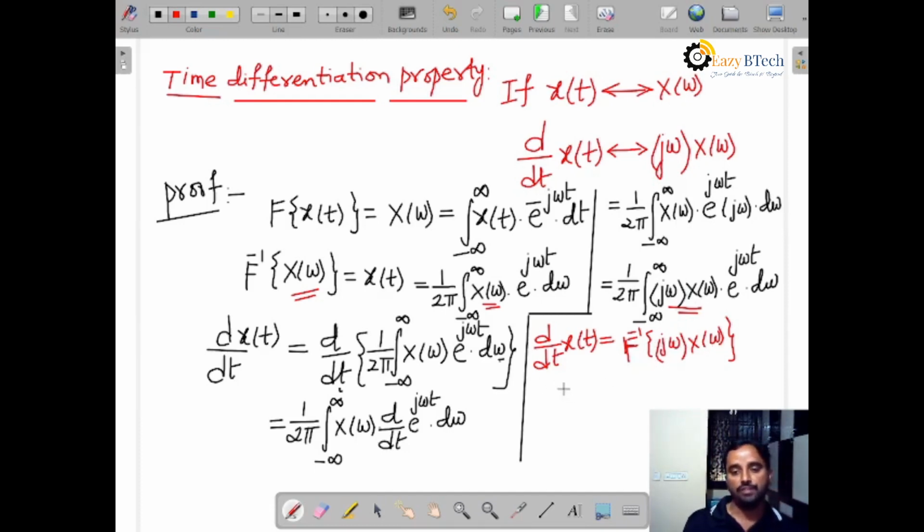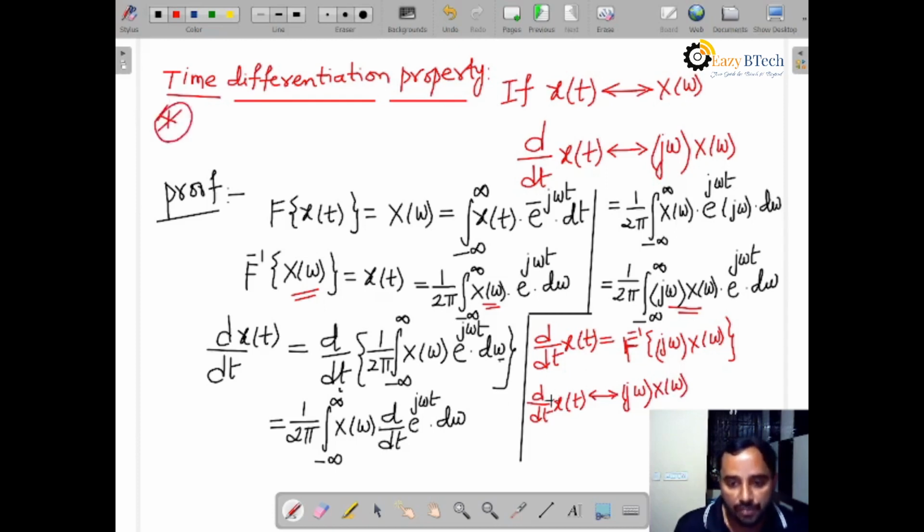So therefore, what can we write finally? d by dt of x of t, Fourier transform, is j omega into X of omega. Very, very important.